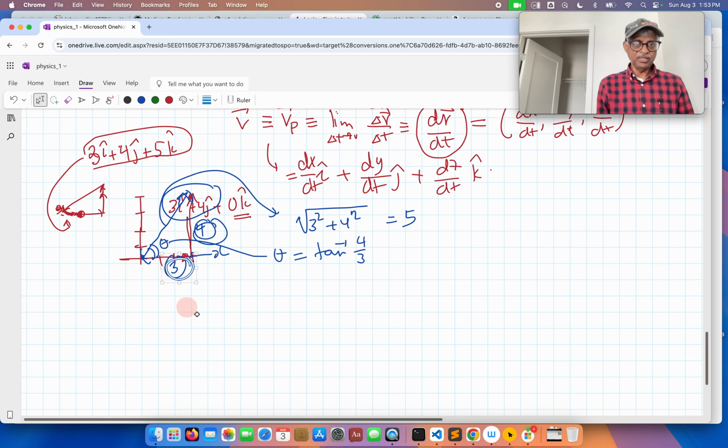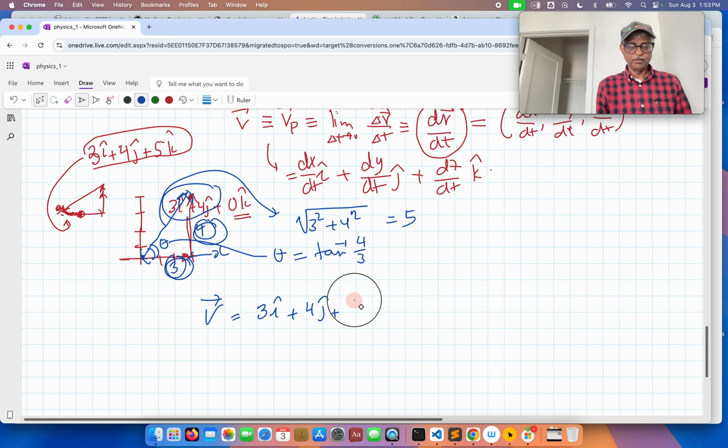So suppose I have a v, and v is 3 i hat plus 4 j hat plus 0 k hat, all in meters per second.